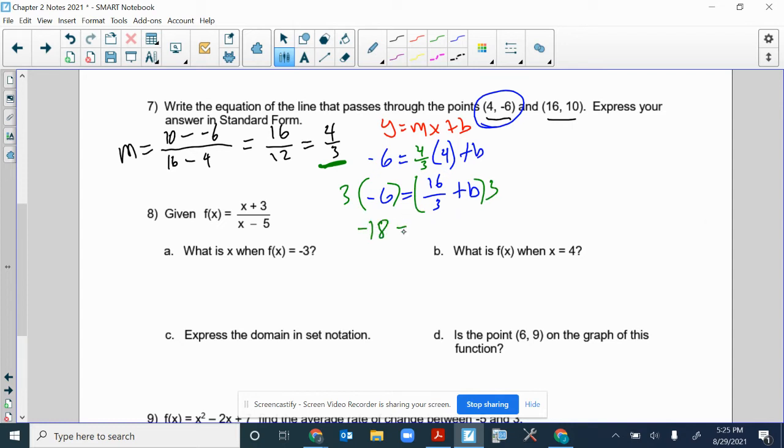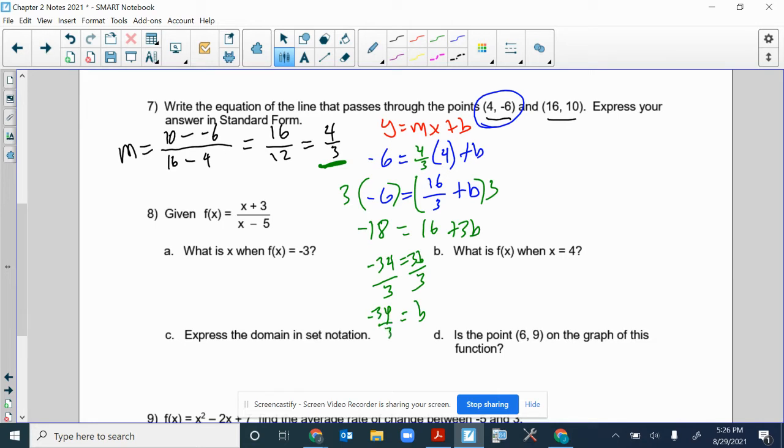This is a longer way to do it, but especially if you're not super comfortable with fractions, this gets rid of the fraction. Then we subtract the 16, and you get -34 over 3b, and then you divide by 3, and there's your b value. So b equals -34 over 3.